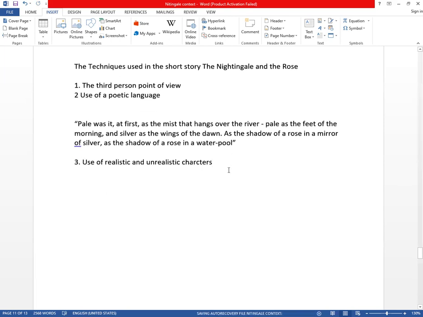Third technique, use of realistic and unrealistic characters.